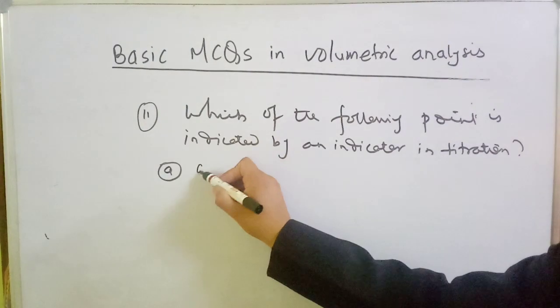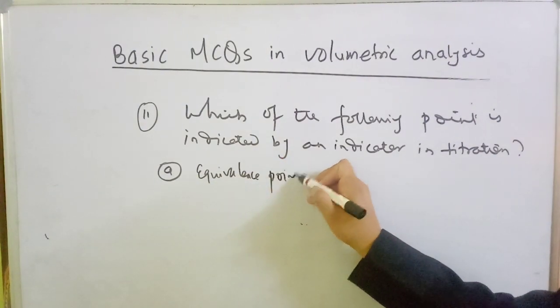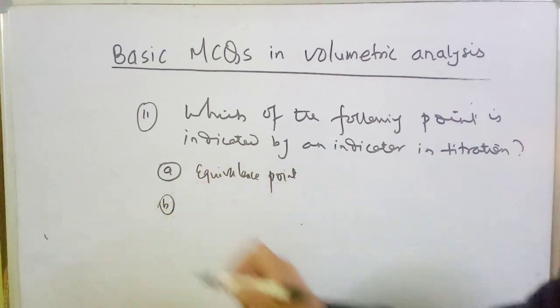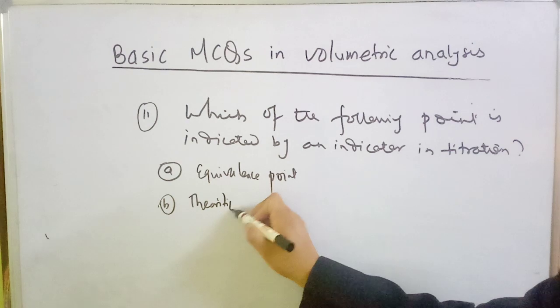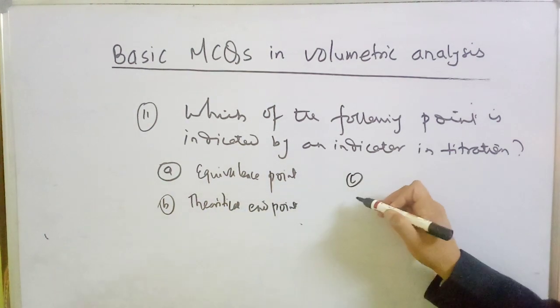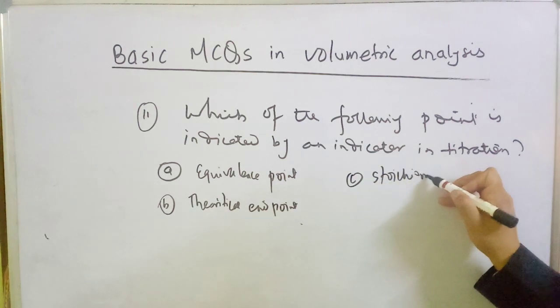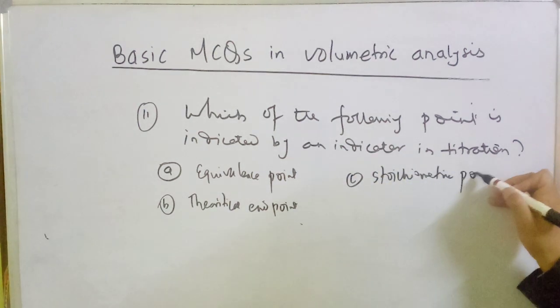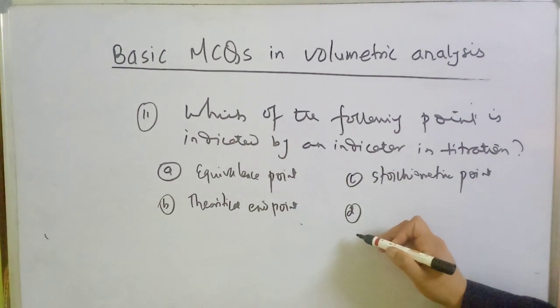So A is equivalence point. Number B is theoretical endpoint. Number C is stoichiometric point. And number D is all of above.